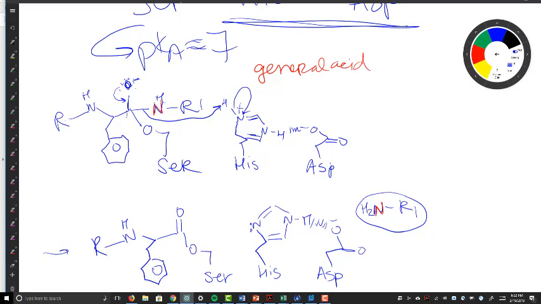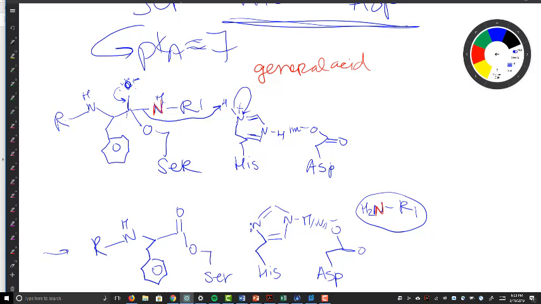There may be a situation with a protease, I have to look it up, where aspartate isn't even there. In the mechanism I pulled up, you didn't even see aspartate. It's just histidine, because histidine's a general acid base, and then serine's a nucleophile. Yeah, it's making histidine a better acid base.